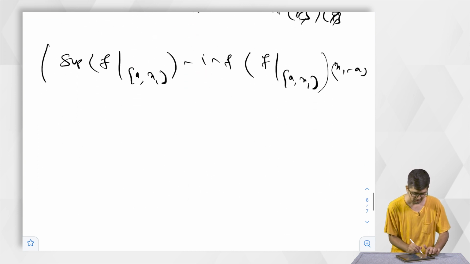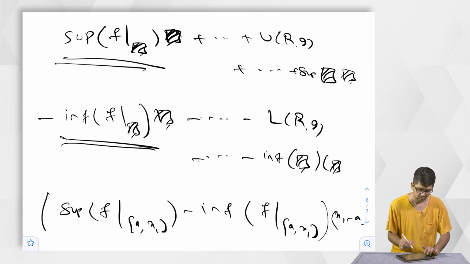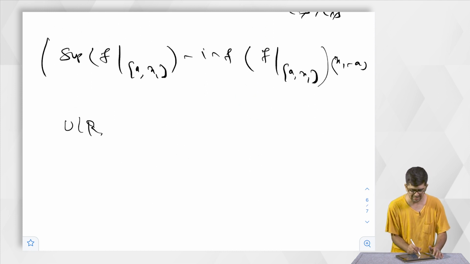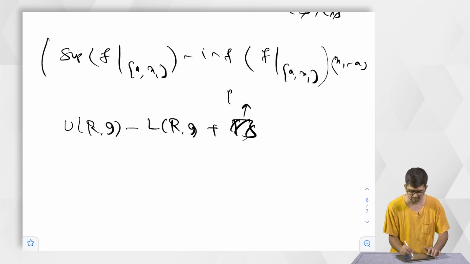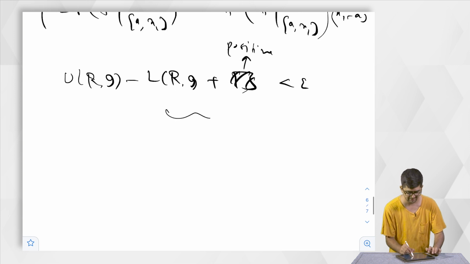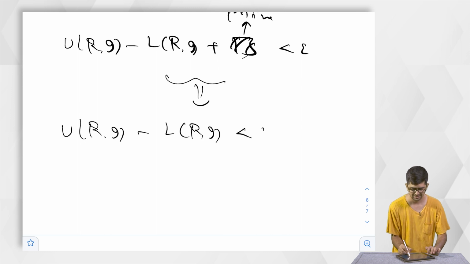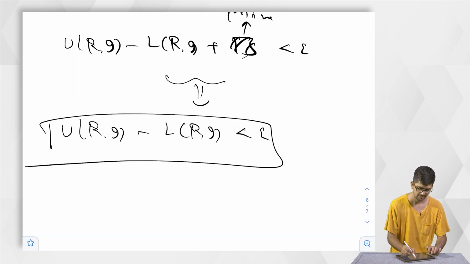So what I have is this, which I am leaving as it is, not changing: U(R, g) - L(R, g) plus some positive number is less than epsilon. What does it conclude? This implies U(R, g) - L(R, g) is less than epsilon, right?